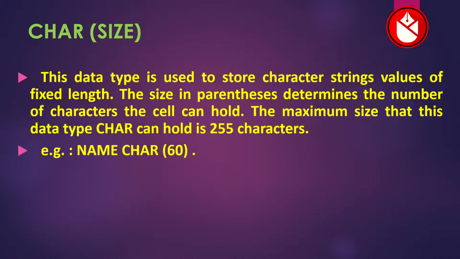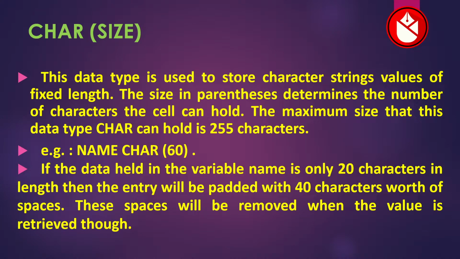As the syntax, name is the name of the column, the data type is CHAR, and in parentheses we have written 60. That means the size has been defined as 60.